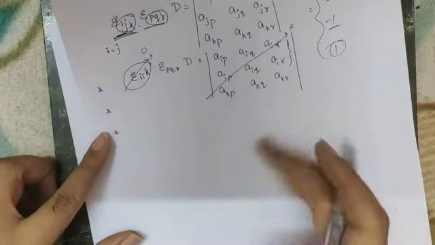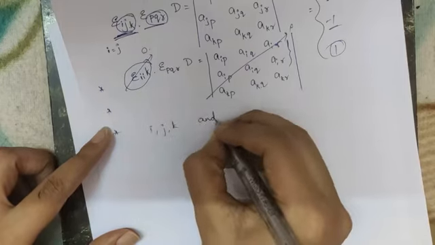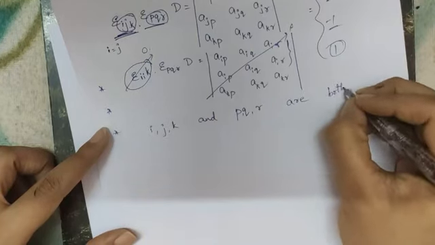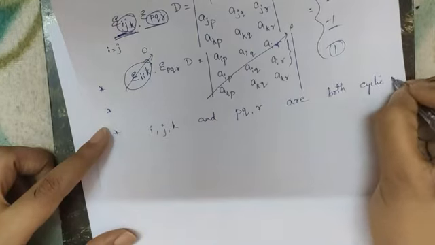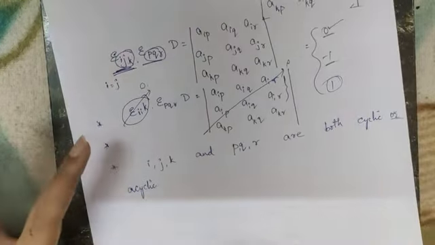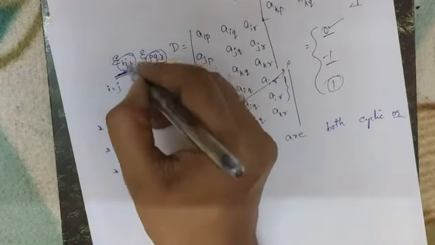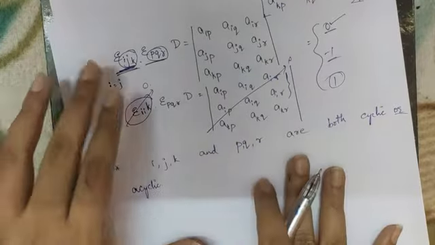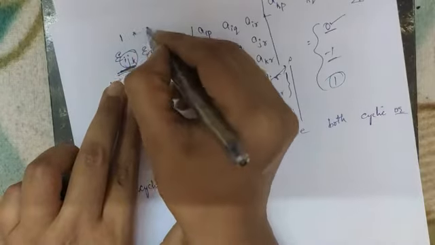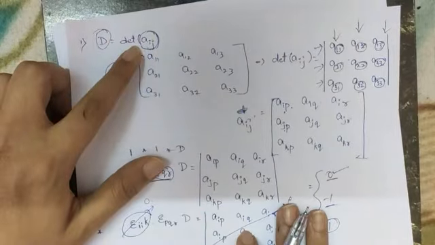The second case will be if ijk and pqr are both cyclic or both acyclic. That means either these 3 suffixes are cyclic or these 3 suffixes are acyclic. If cyclic, the value of epsilon ijk is 1, epsilon pqr is 1, into D. D is nothing but the determinant of Aij.